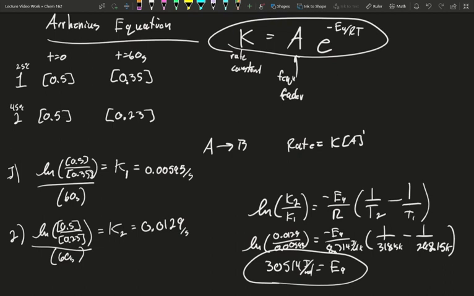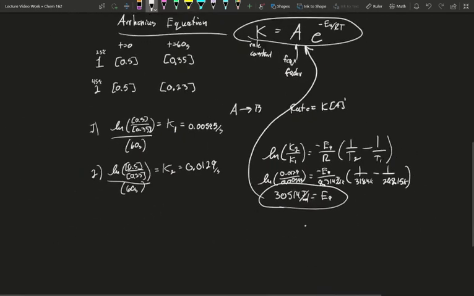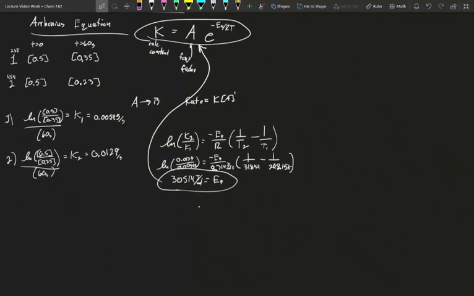Because now that I have the activation energy, that also lets me go back up here and solve A. I can plug that activation energy in. Let's pick run 2. My K was 0.0129.